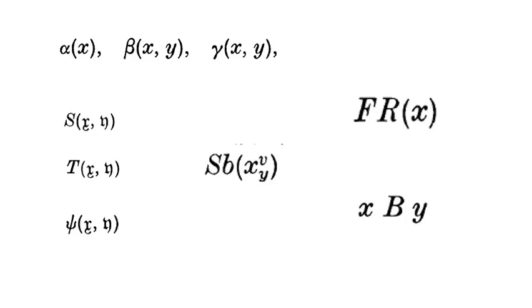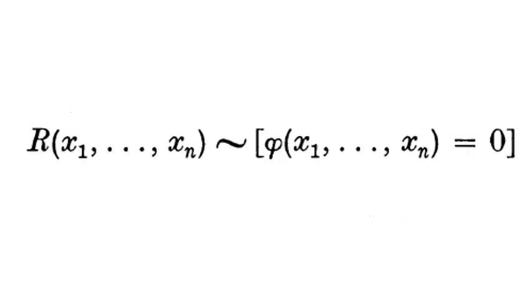Then Godel defined what he called recursive relations in the following manner. Let's say that he wants to define some relation R between m natural numbers. In that case, he will take a recursive function phi that takes m natural numbers as inputs and gives an output.